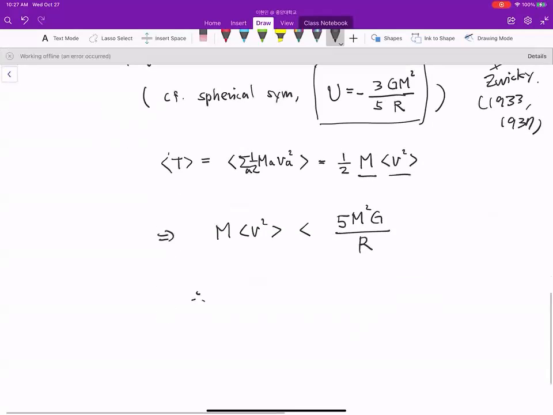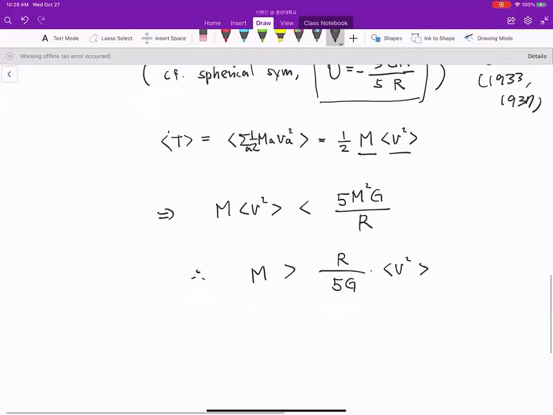therefore the cluster mass has a lower limit, which is given by this value.